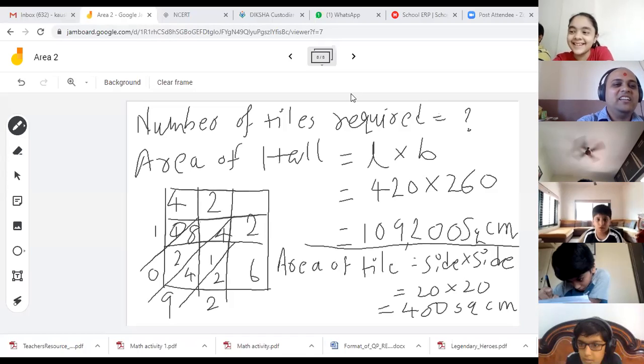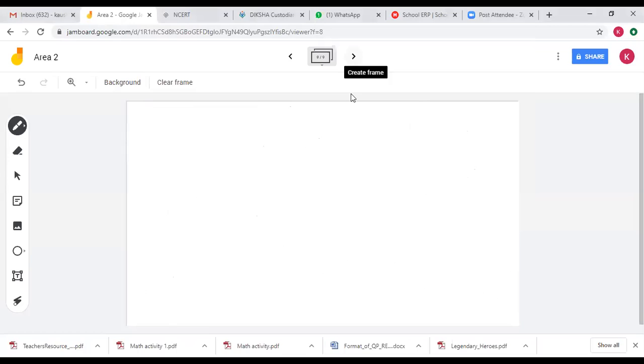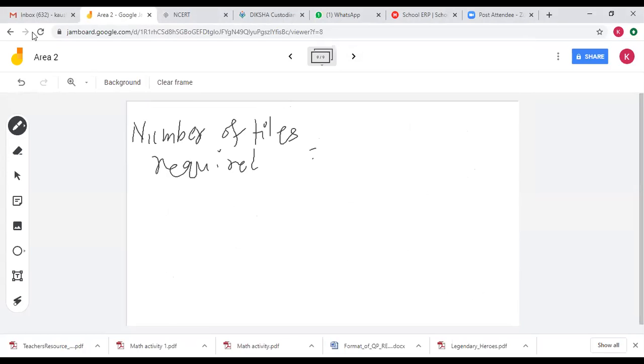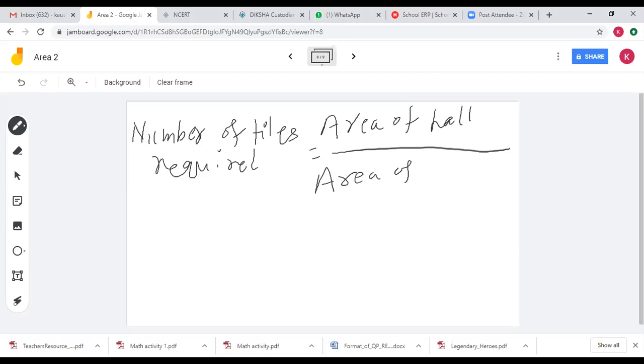Right? Come on. Okay. So next step. Now, number of tiles required is equal to area of hall divided by area of one tile, right?